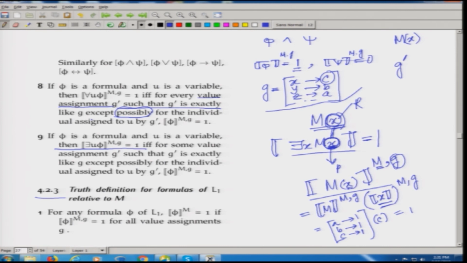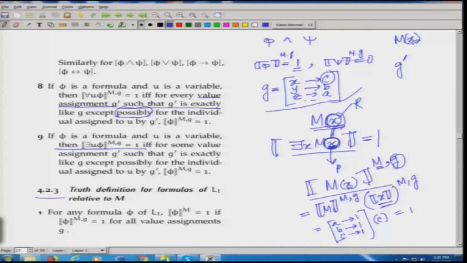It may also be g itself, but it may also vary. It may vary in terms of just one thing, only in terms of the active variable x, right. So, our first g prime can be g itself, which is x gets c. Others are not relevant, so we are not listing others. And so, this is basically g.